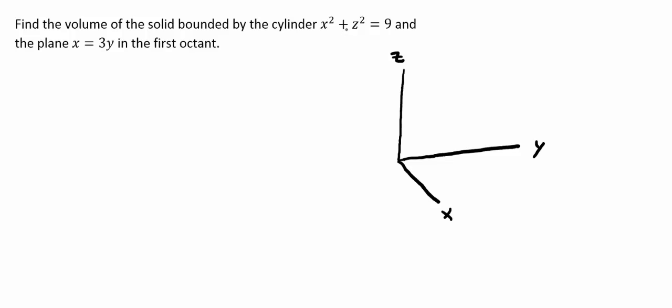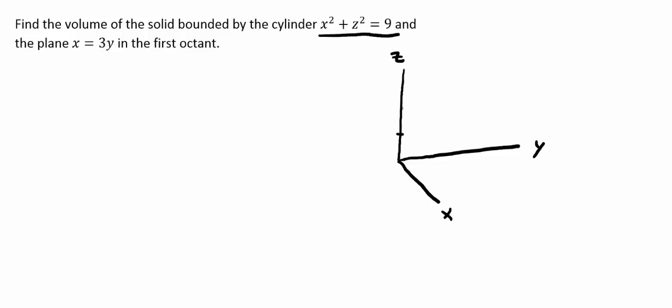Now, x squared plus z squared equals 9 is the tin can shaped cylinder. The central axis of it is the y-axis, and its generating curve in the first octant will be the quarter circle of x squared plus z squared equals 9. So let's draw that. It's got a radius of 3.